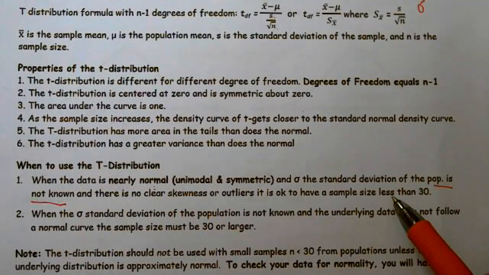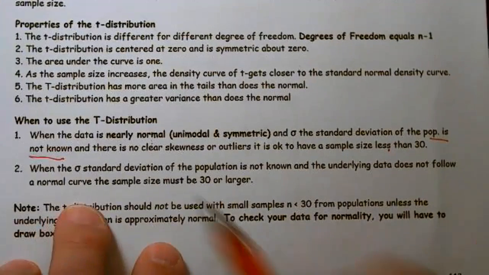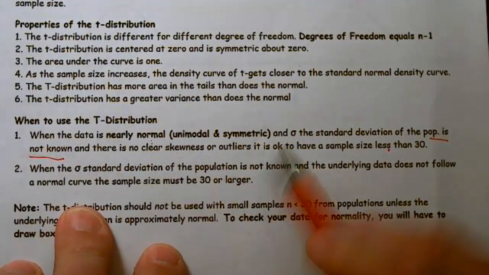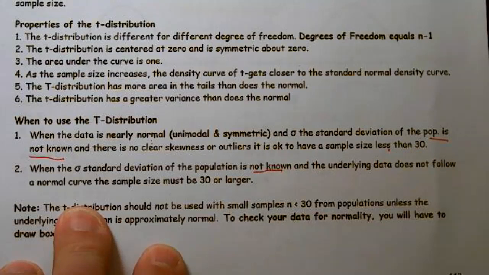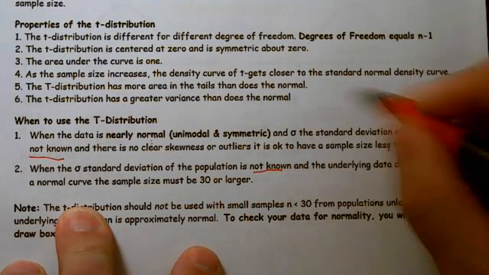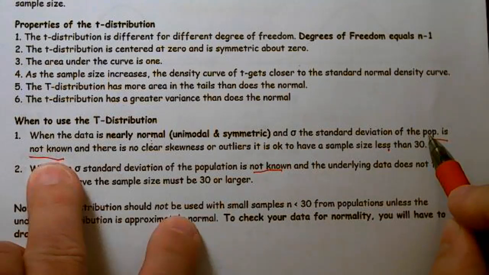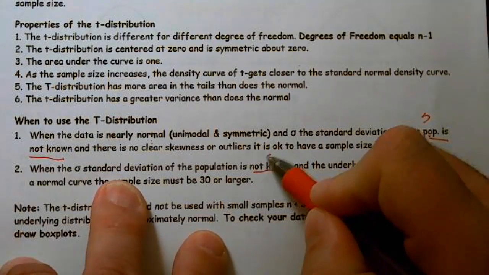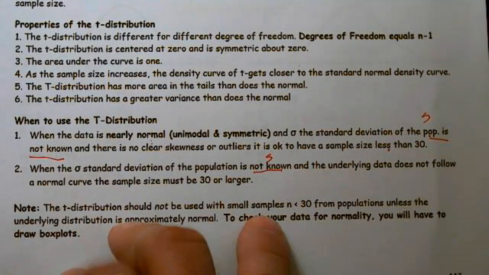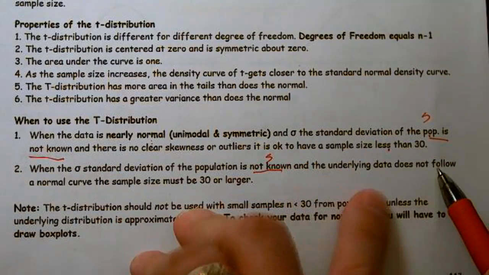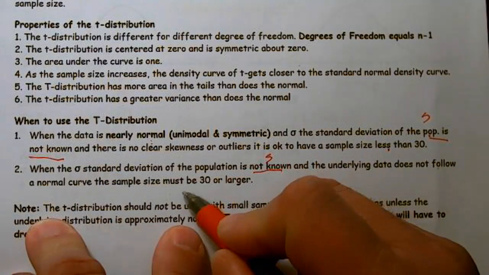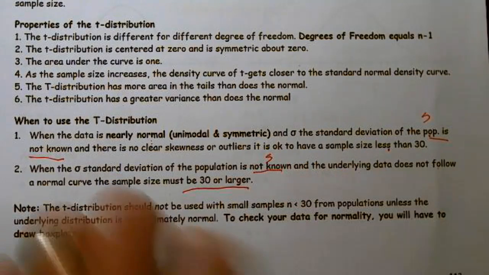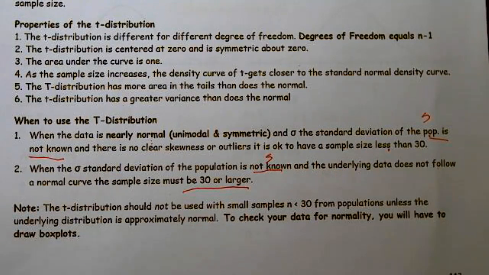Remember, in both cases the standard deviation of the population is not known, so we're using the sample standard deviation. If we're using the sample standard deviation and the underlying data is not normal, the sample size must be 30 or larger, just like it had to be 30 or larger for us to use central limit theorem.